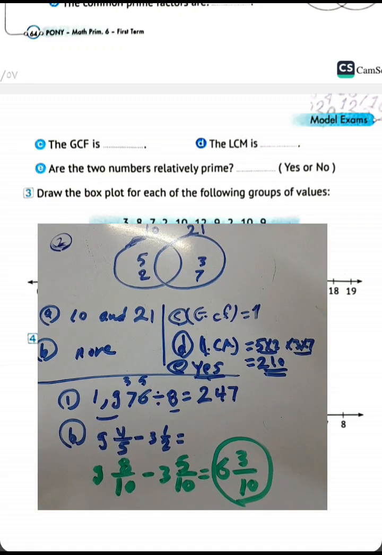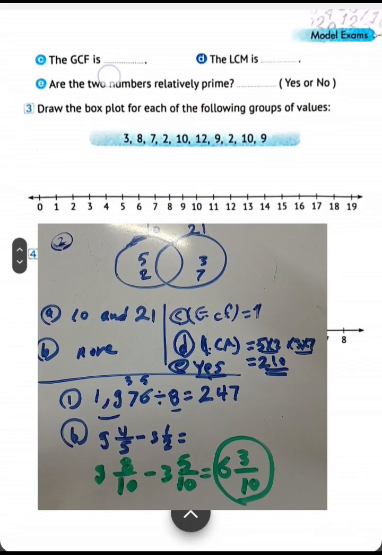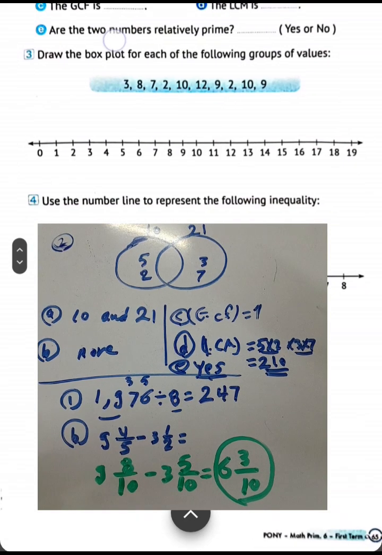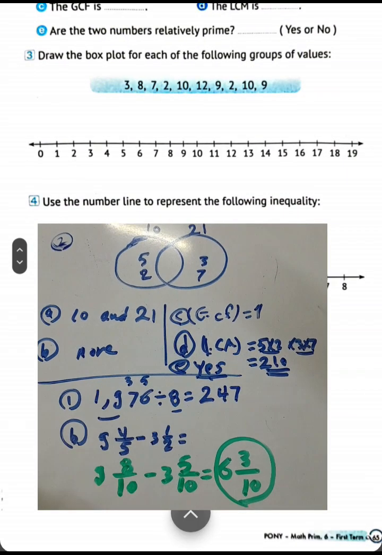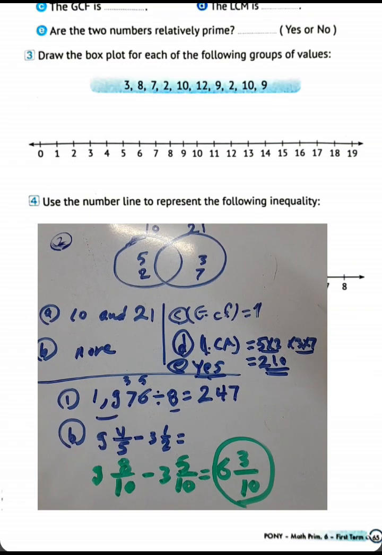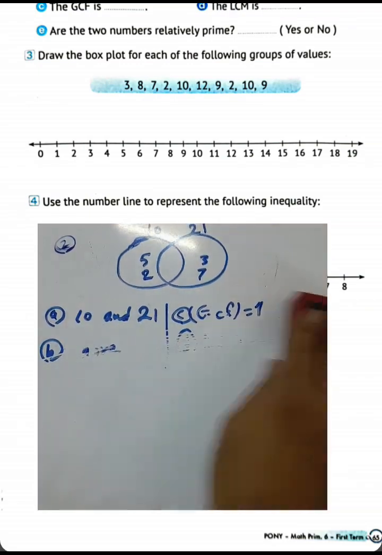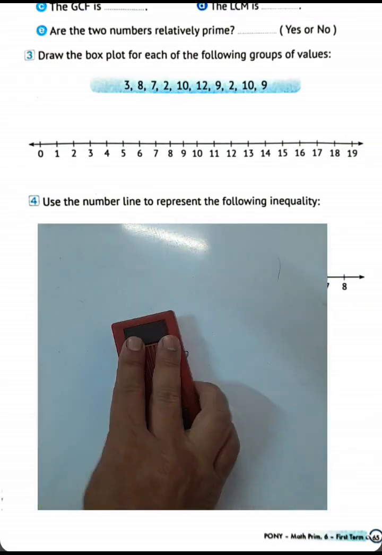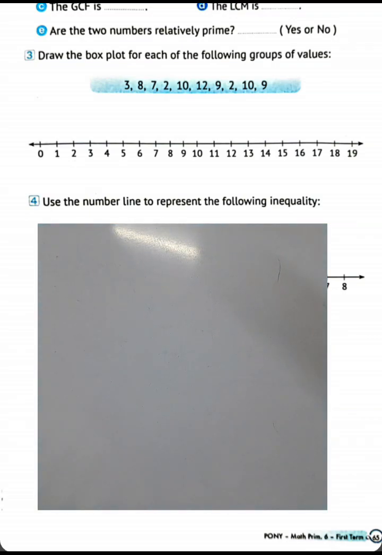Question number 3, draw the box plot for each of the following groups of values here. Okay. To solve this example, first step, we must find the median, and to find the median you must arrange all the values ascendingly from least to greatest. The least number here, we have 3 and 2.